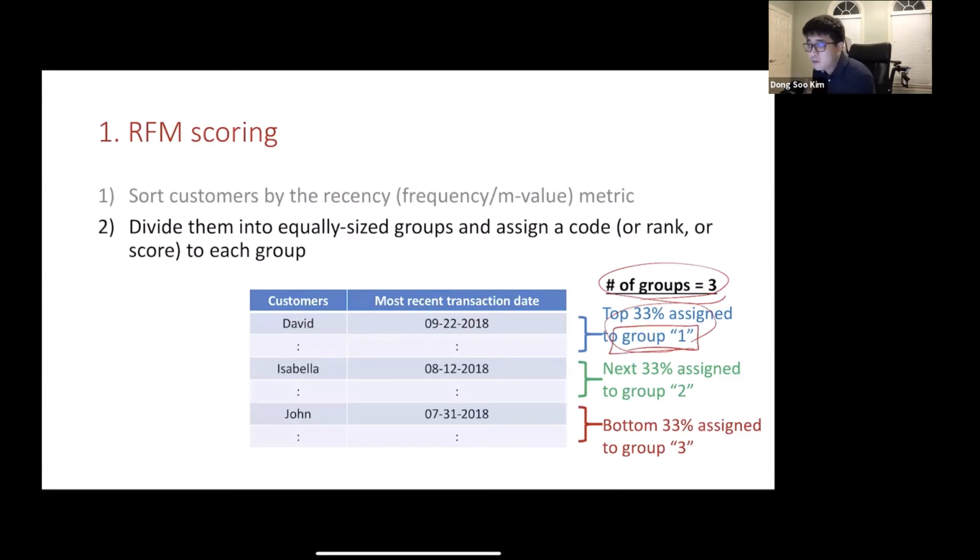The next 33% customers in the list are assigned into group 2, and the bottom 33% customers make group 3. The group number to which each customer is assigned, 1, 2, and 3, is the recency score of the customers.